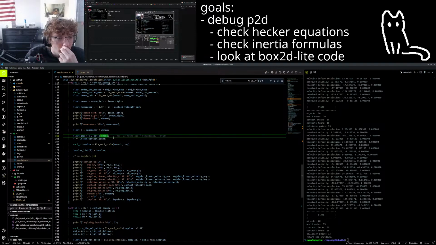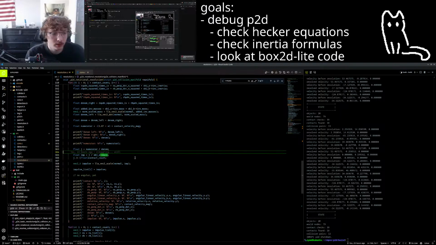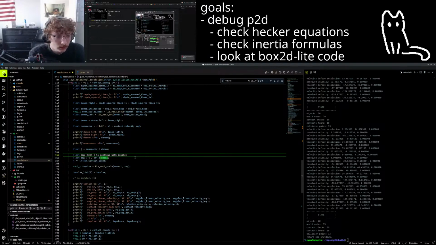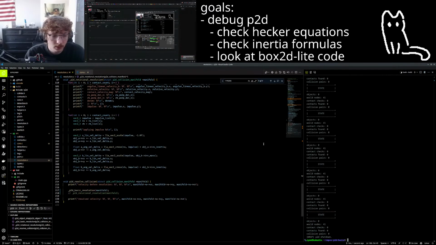In the case that A is static, this would divide by 0. So I wonder if this should be like J times object A inverse, I can't type, inverse mass. I doubt that would change anything. I think I'm still on basic, go back to rotational.